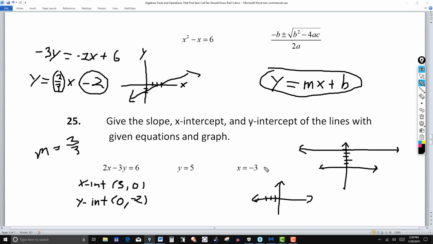This is your y-axis here, your x-axis. So this one has no y-intercept, it doesn't cross the y-axis. The point negative 3, 0 is your x-intercept.